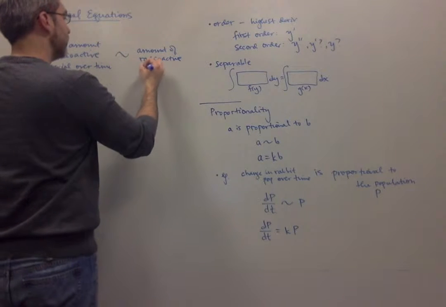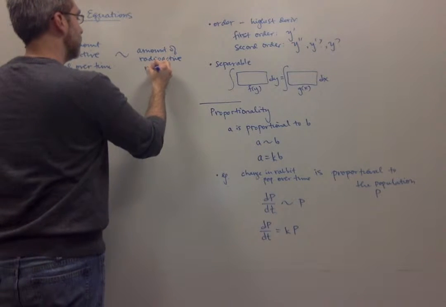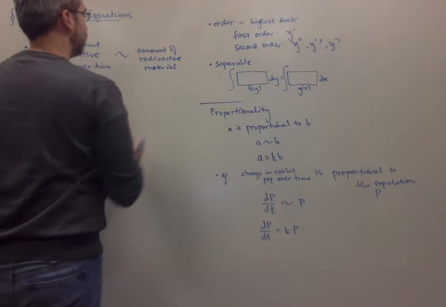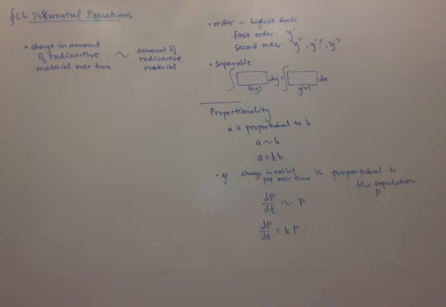So how much the radioactive material changes over time is actually proportional to the amount of radioactive material.